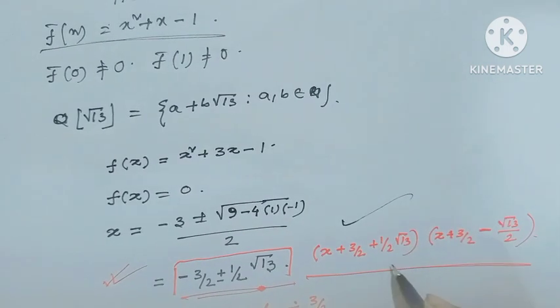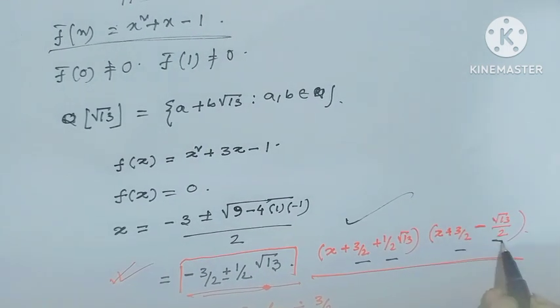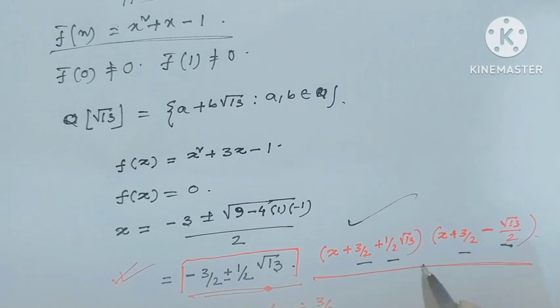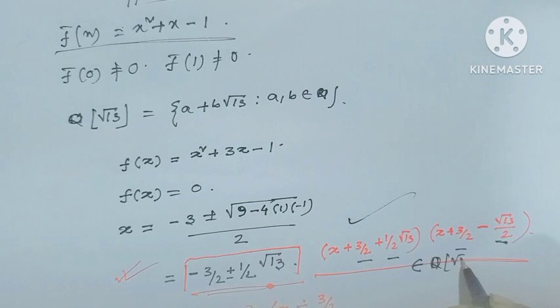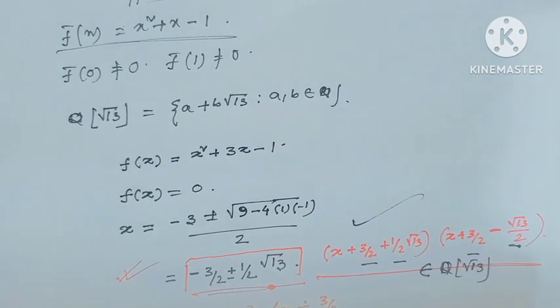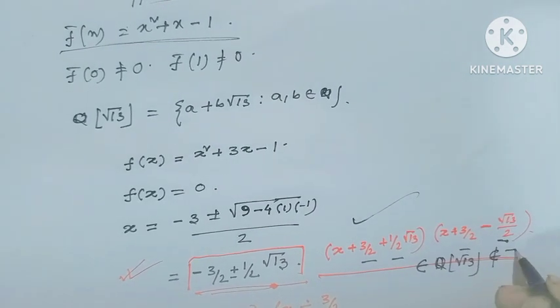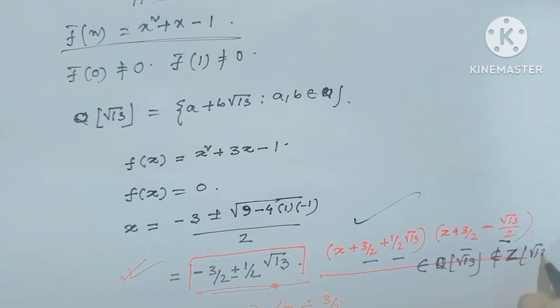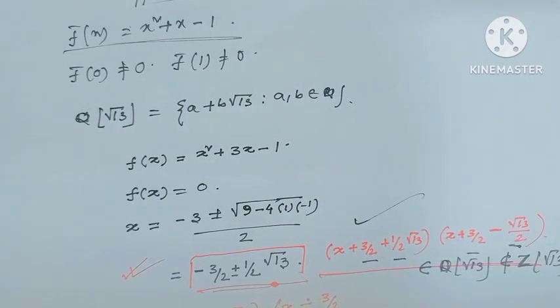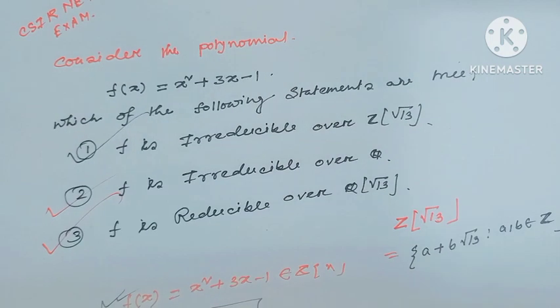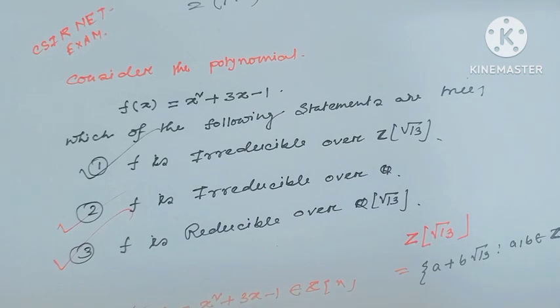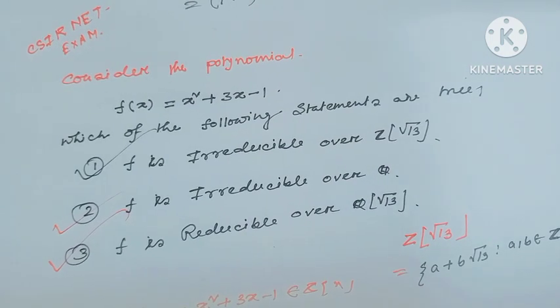Notice this belongs to Q, not integers. So this root belongs to Q[square root of 13], but this root does not belong to Z[square root of 13]. Therefore, we cannot reduce the polynomial in Z[square root of 13]. So f is irreducible in Z[square root of 13]. I hope all my viewers have understood this. Okay.